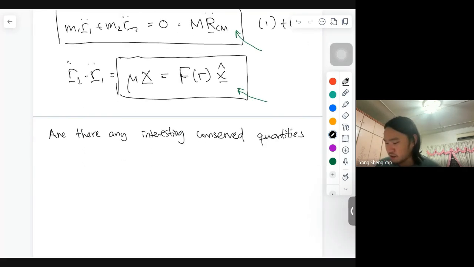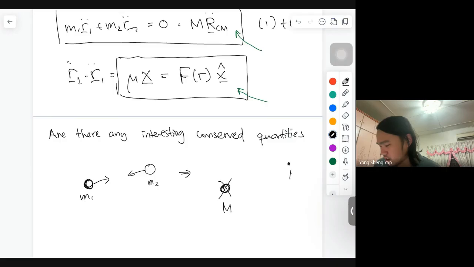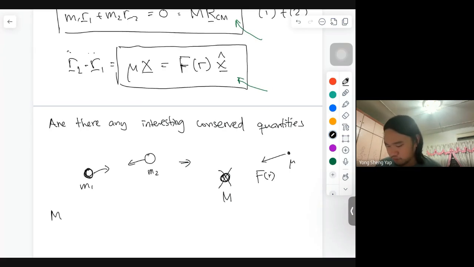One thing we can see is that when we reduce the two-body system with M1 and M2 into something fixed, with a reduced mass getting the same force, this force is what we call a central force.